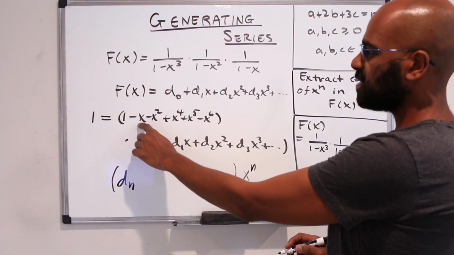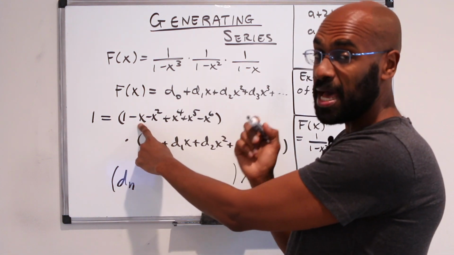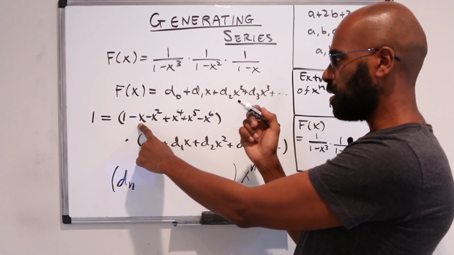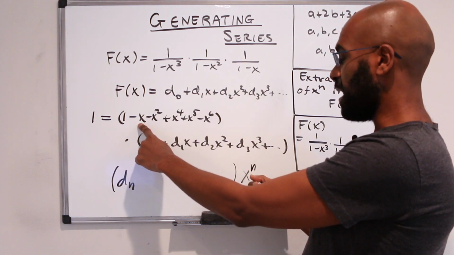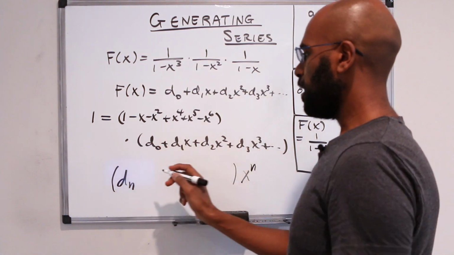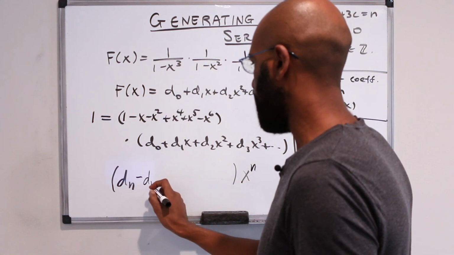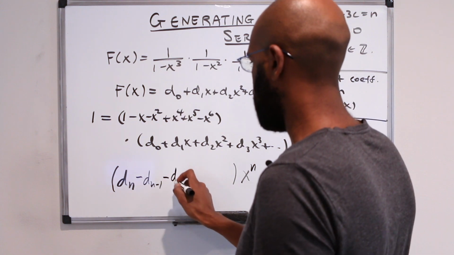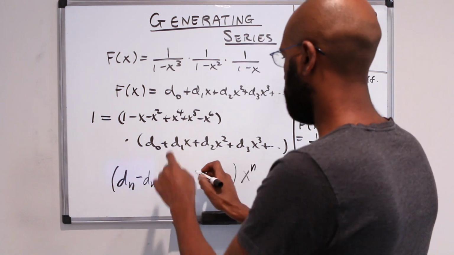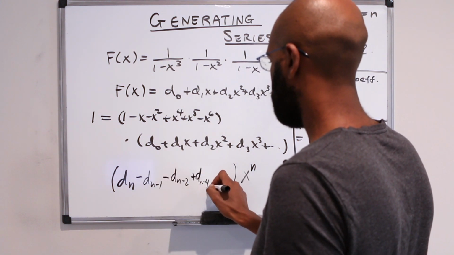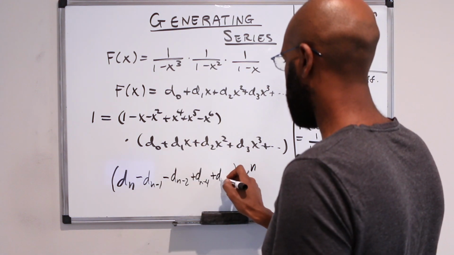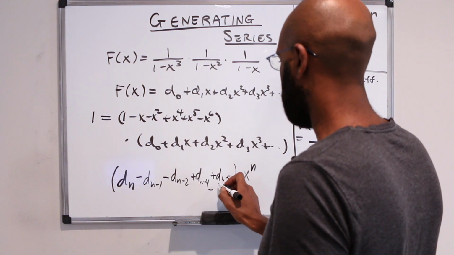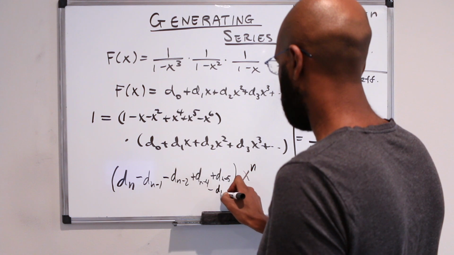Then if we multiply this negative x by d sub n minus 1 x to the n minus 1, we'll get something that is an x to the n term, and the contribution will be negative d sub n minus 1. Similarly here, we'll get a minus d sub n minus 2, and then a plus d sub n minus 4, and then a plus d sub n minus 5, and then finally a minus d sub n minus 6.